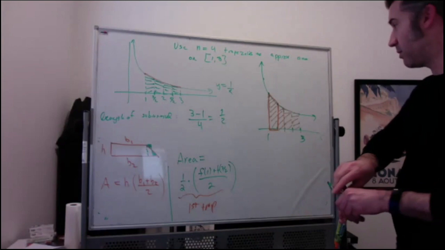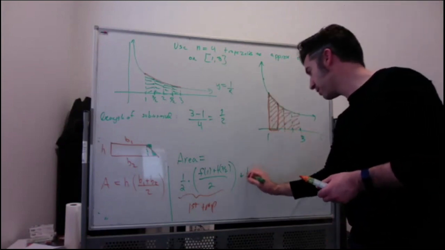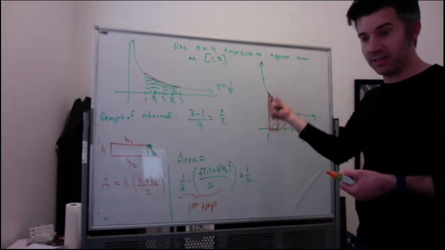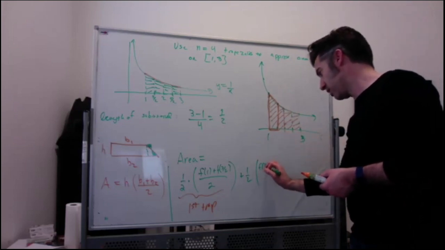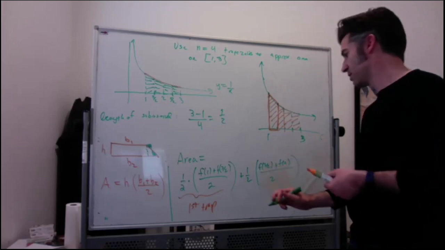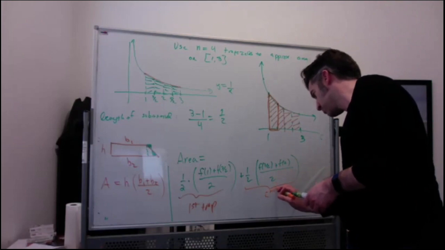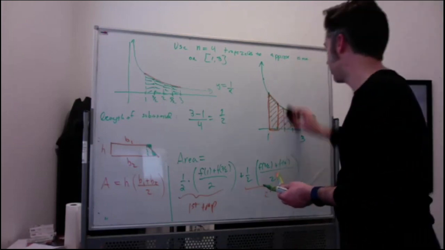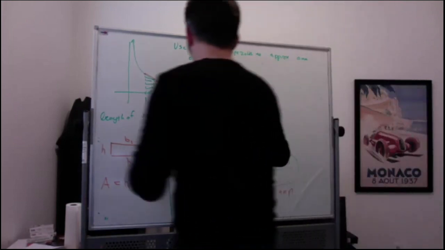My second trapezoid: the base again is 1/2, and the average of the heights is f of 3/2 plus f of 2, over 2. I'm going to run out of room. So there's my second trapezoid. Sorry, I know there's limited space.